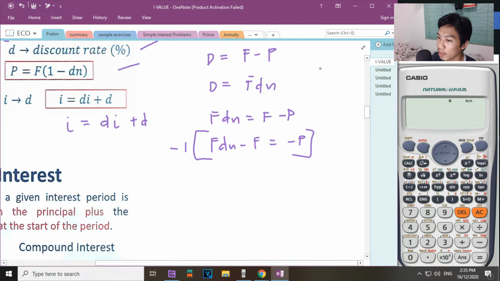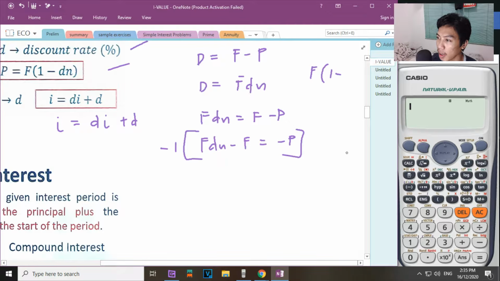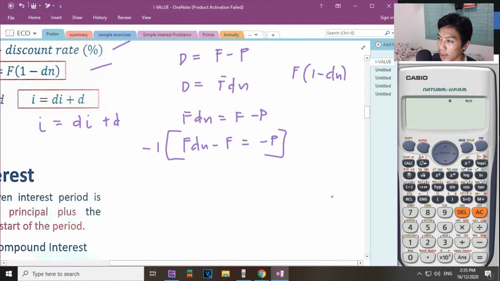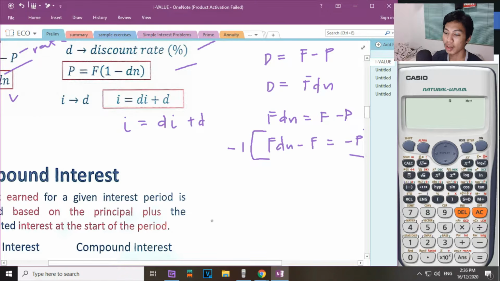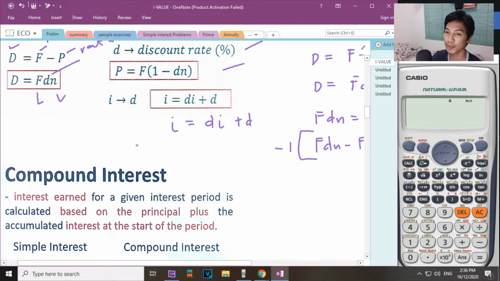That will be equal to F(1 minus dN) equal to P. Okay, may nakita ba kayong familiar? Iba yan. So, this is now the best way for you to solve it. Yan. Ito mga formula nito.